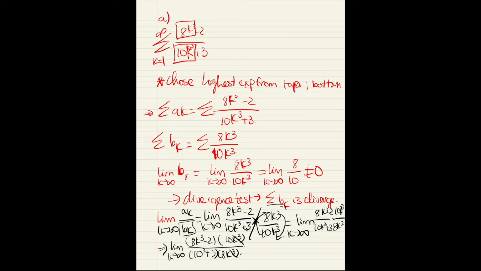This one and this one cancel out. 10 over 8 is just 10 over 8. And then I have the limit as k goes to infinity of 10 times (8k^3 - 2) over 8 times (10k^3 + 3).